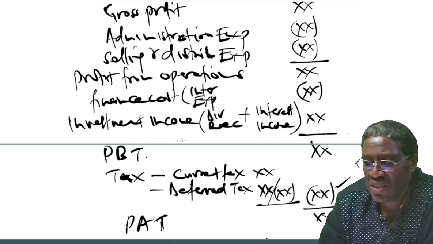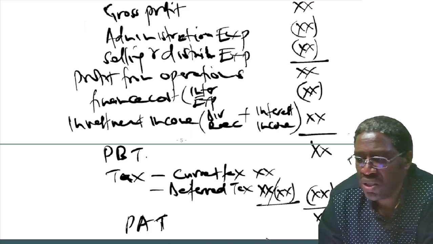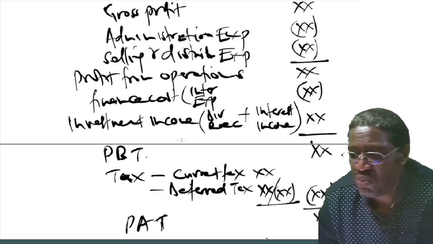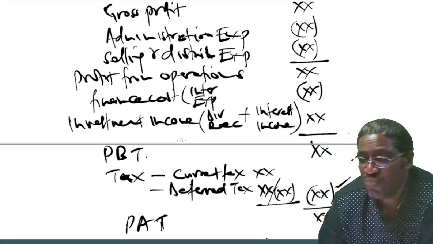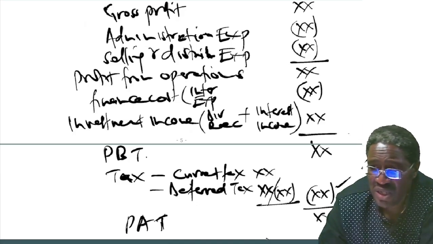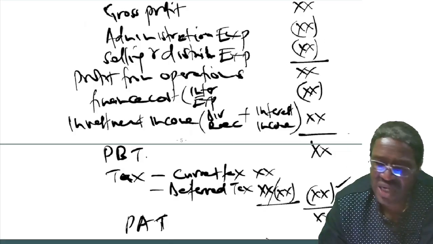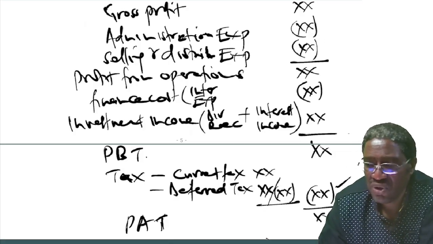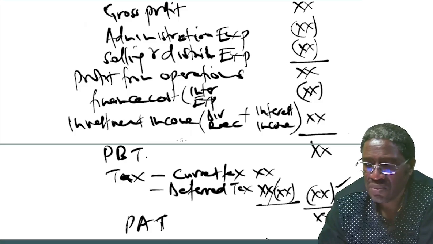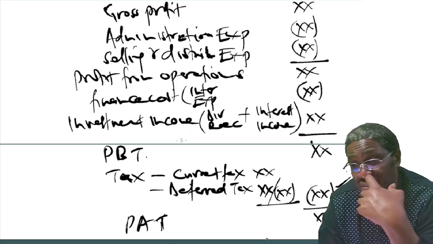Then you come and minus the tax. We have said there are two categories there. One is current tax. I've put it on the inner column. Then for deferred tax, I am using this stroke, meaning you can either add or minus for deferred tax, and we are adding or minusing from the current tax.